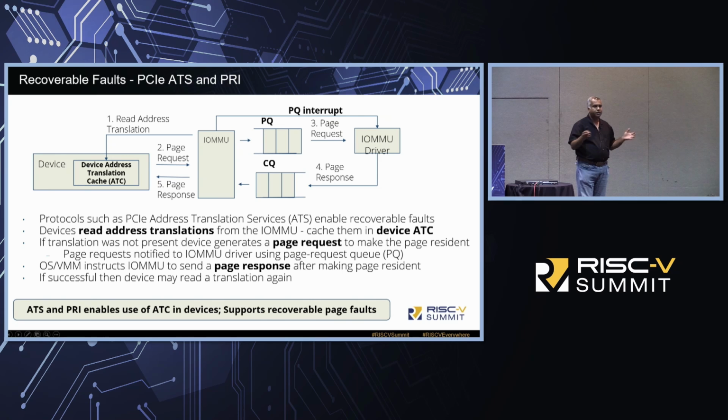The IOMMU driver can invoke the memory management software. Once the page fault has been resolved, the driver will queue a page response into the command queue and say, IOMMU, please send a page response message back to the device. When this page response message comes back to the device, it will retry its address translation request. Hopefully, it gets the translation now, and now it can make the memory access.